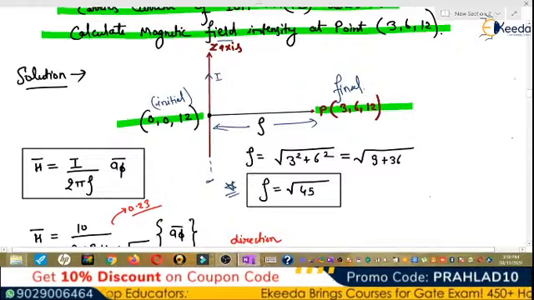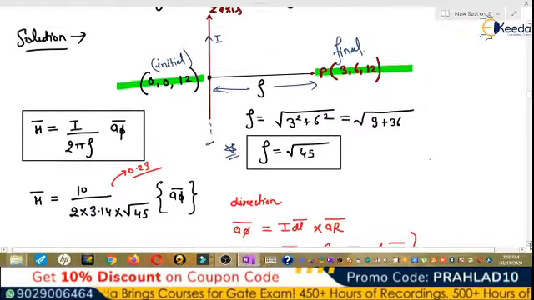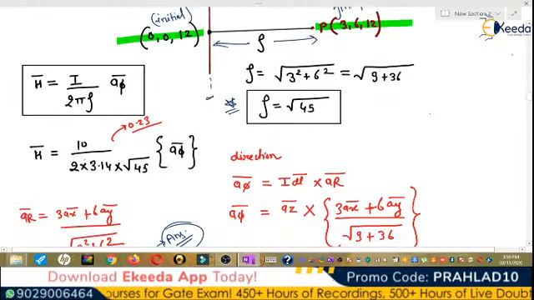So the value of H vector is I by 2 pi rho, direction is a phi. So I by 2 pi rho, I is 10, 2 pi, pi is 3.14, rho is the square root of 45, a phi. The a phi vector we can also calculate in the Cartesian coordinate system. It is I dl vector cross aR vector.